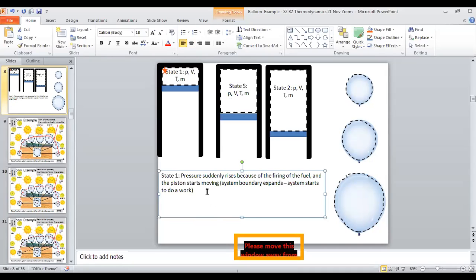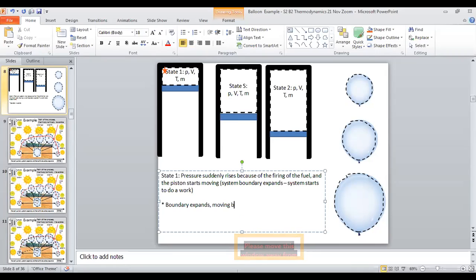So this boundary, you can notice that boundary expands. Means moving boundary. Okay, boundary expands means moving boundary. Work is being done. Okay, work is being done.